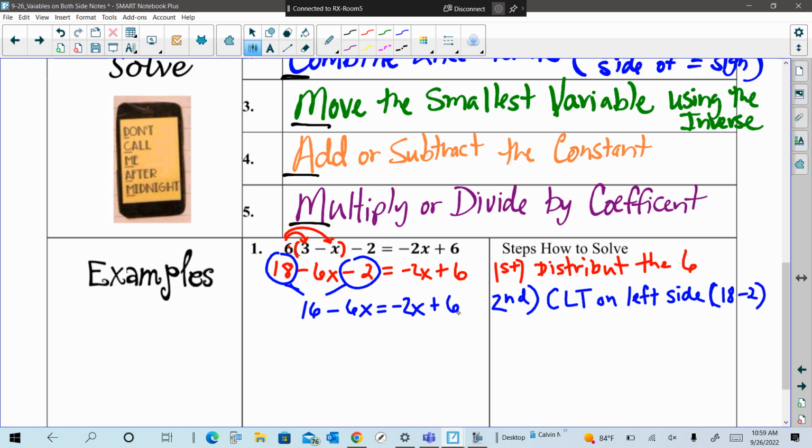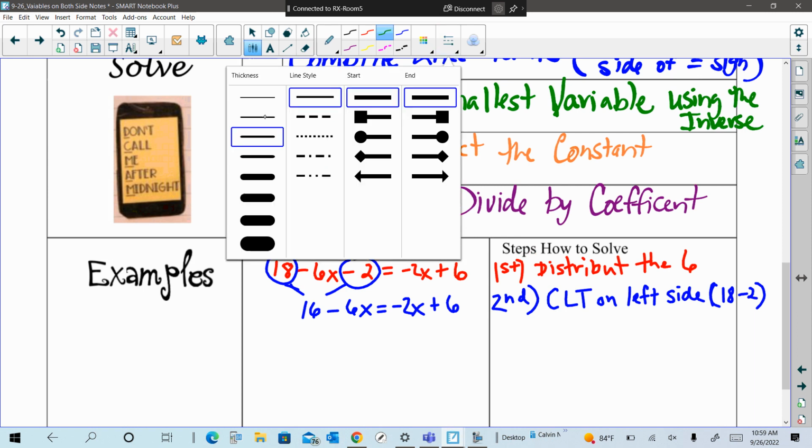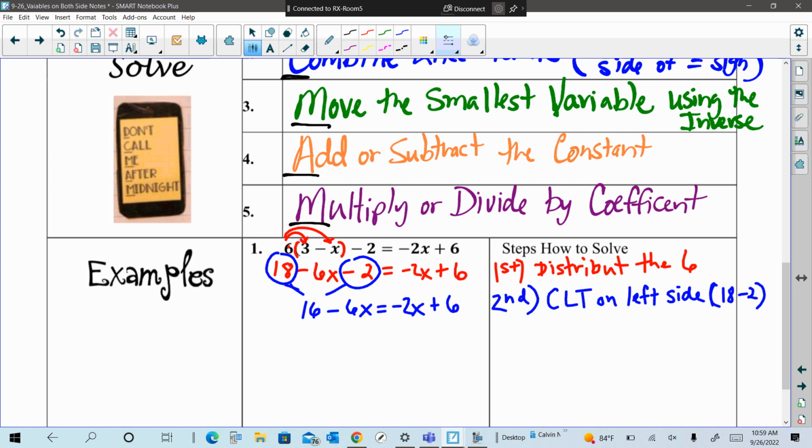All right, now step 3 says move the smallest variable using the inverse. So the key to this is to be able to see which one is our smallest variable. It's not 2x, first of all. This variable is a negative 2x. And then this variable here is a negative 6x. Which one is smaller? Negative 6x, okay?